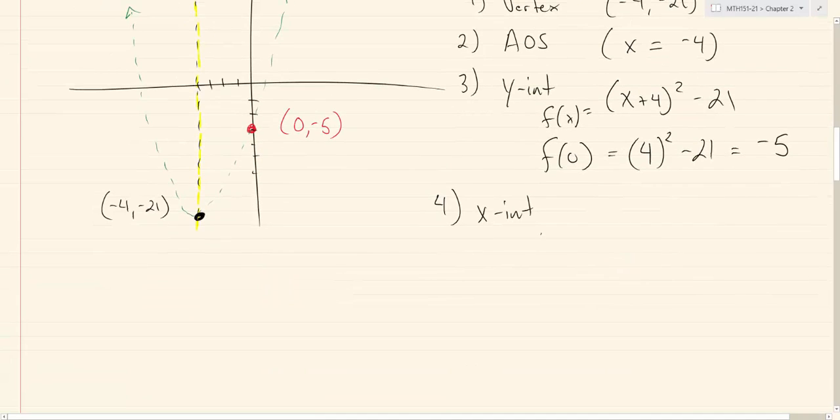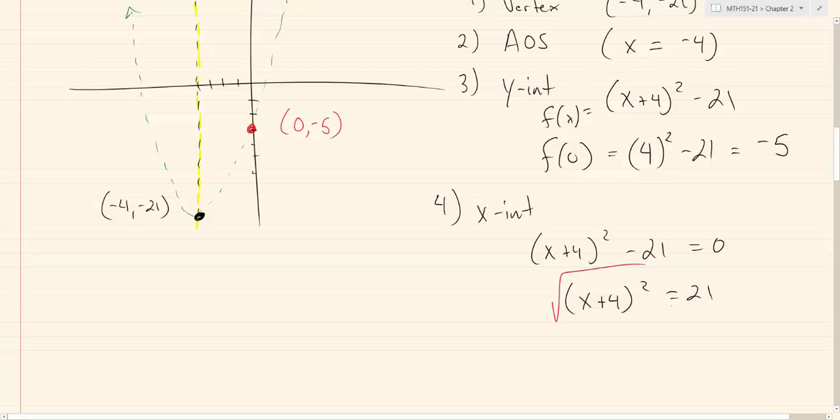So let's do that. x plus 4 squared minus 21 equals 0. Add 21 to both sides. x plus 4 squared equals 21. Square root both sides. And then subtract 4. So x equals negative 4 plus or minus the square root of 21.